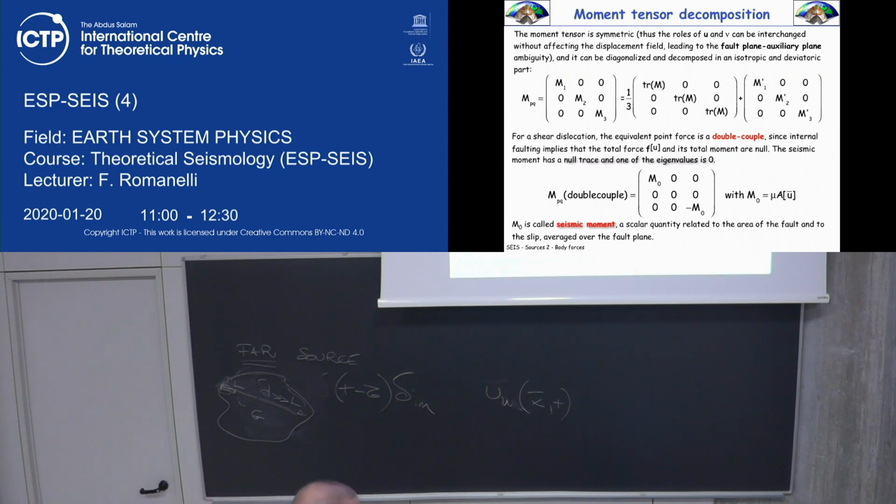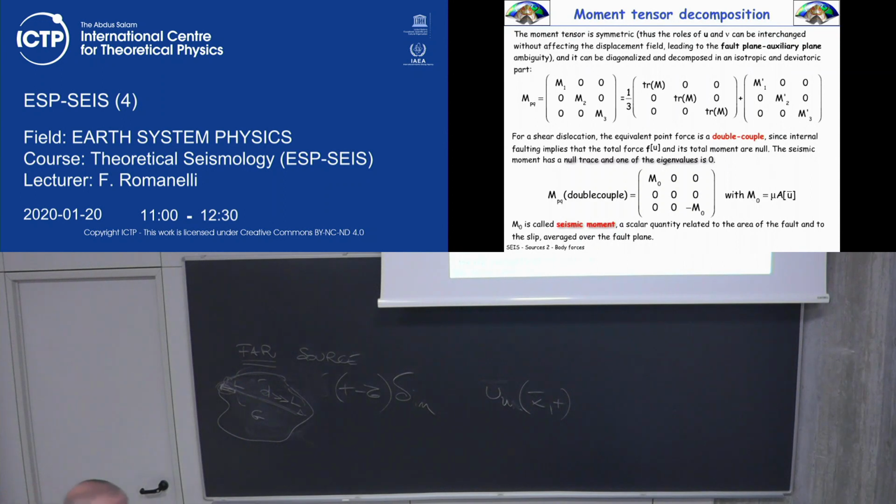So this is related to the definition of the most important single quantity that we can imagine to describe a seismic source, a pure shear dislocation seismic source, and this is called seismic moment. This is called seismic moment tensor, actually moment tensor.